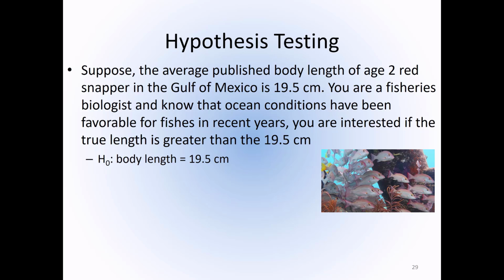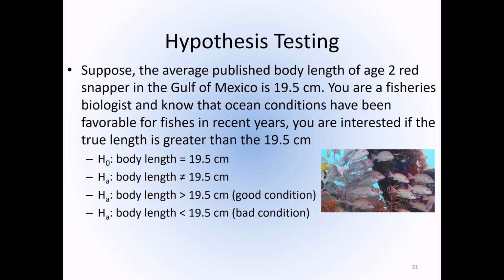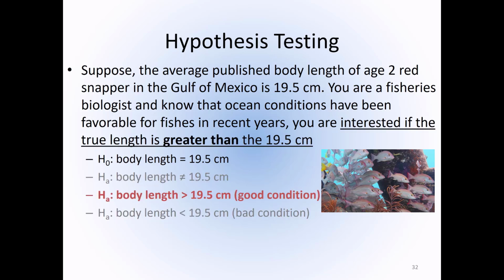Now, the alternative hypothesis, again, can take several forms. It could just simply be that the body length is not 19.5 centimeters, or it could be that it's greater than or less than this published value. Now, based on our experience, our alternative hypothesis in this particular example is that the body length of these fish is significantly larger than 19.5 centimeters.